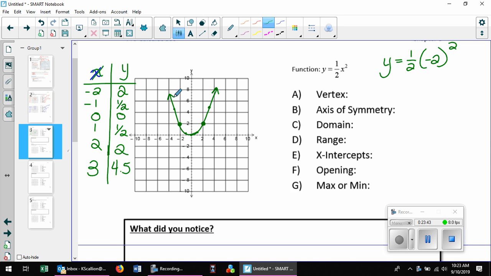Okay, can you guys fill out the side column?